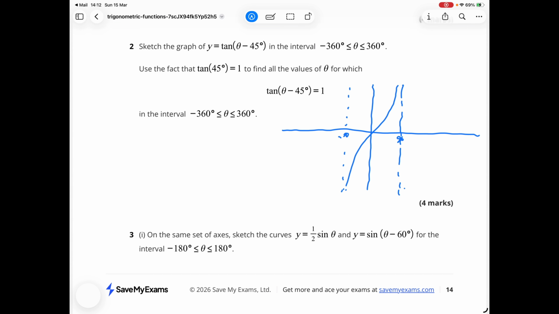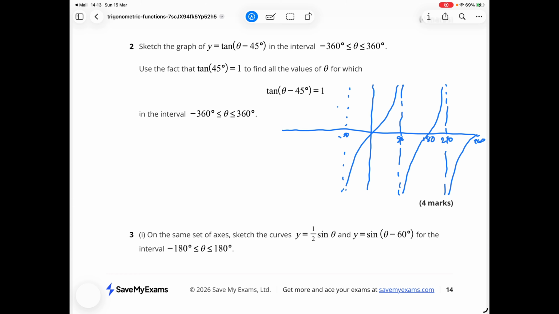Okay. Then this will go through at 180, and then there'll be another asymptote at 270. And then at 360, you'll go through again. Okay, so that's that.